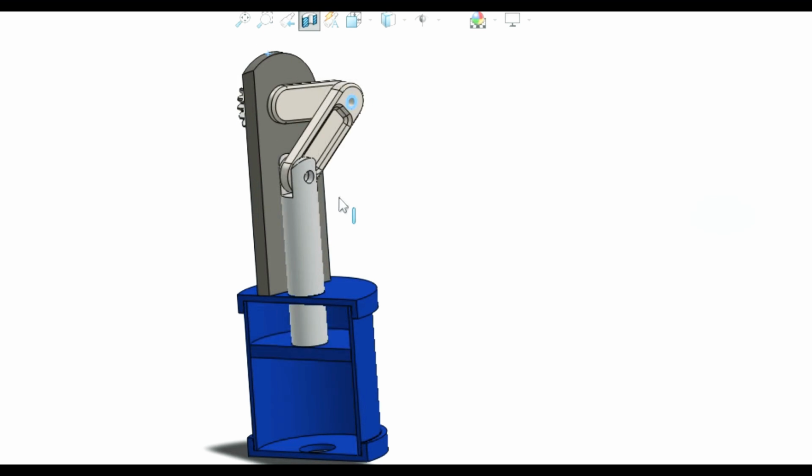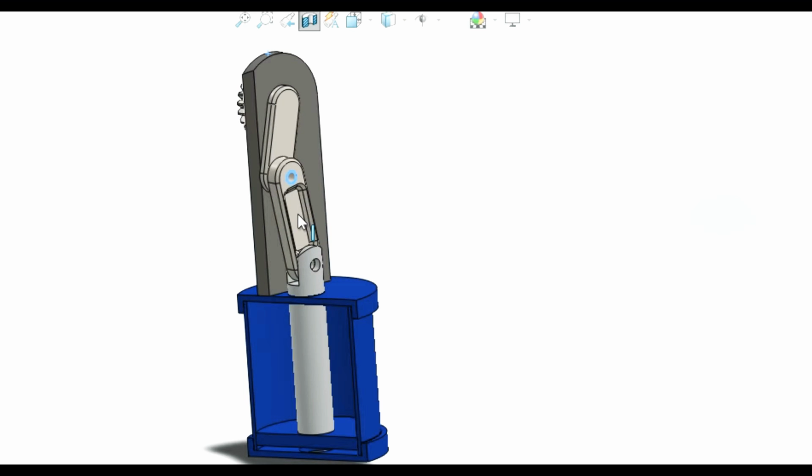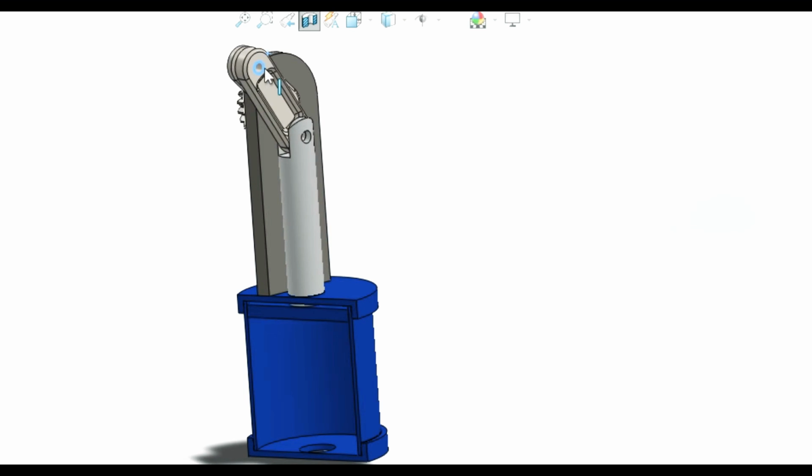So there will be two tubes coming in and out of the airbag. One tube contains a one-way valve which opens air into the airbag, and the other tube contains another one-way valve which only allows air to flow from the airbag.